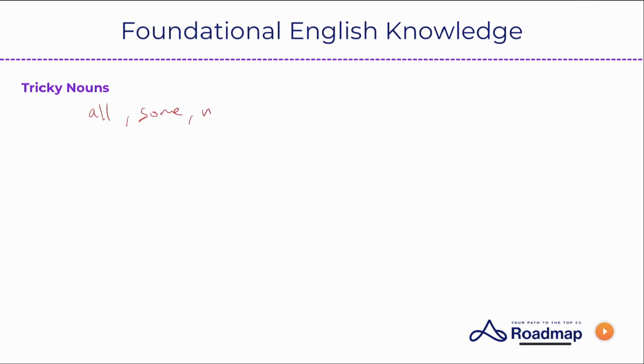So if I say all the students or some of the cake, these words can be paired with nouns to create more complete subjects. So in these cases, you have to look at the noun that these words are paired with to determine whether the subject is singular or plural.